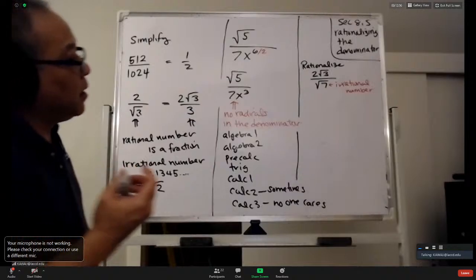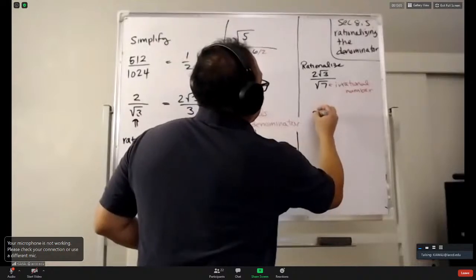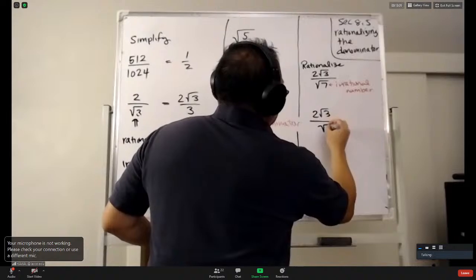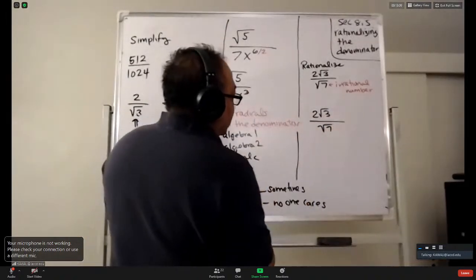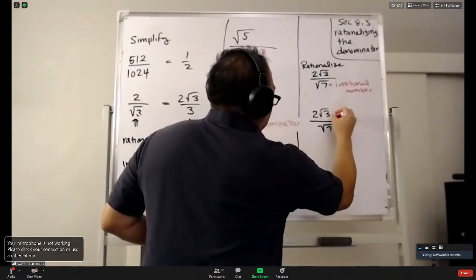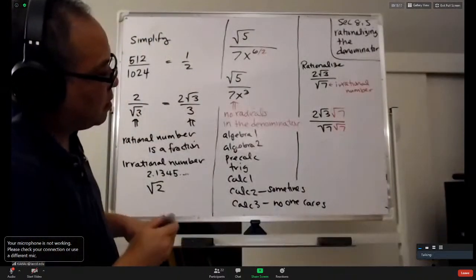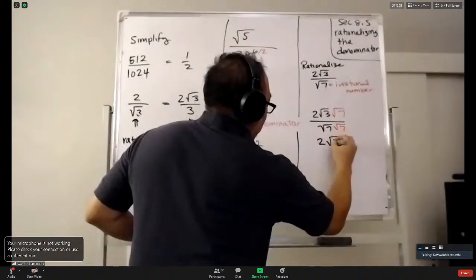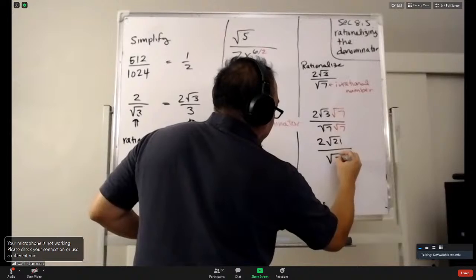Okay. Now, the way you attack this problem is that in order for me to pull out this 7, I need a second 7 in the denominator. So if I have 2 square root of 21, I now have square root of 7 squared.